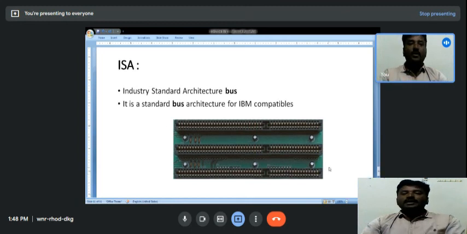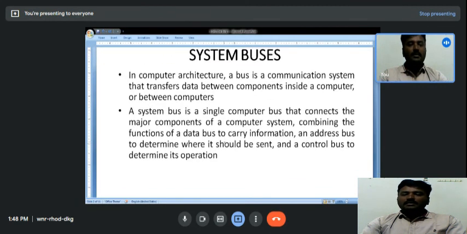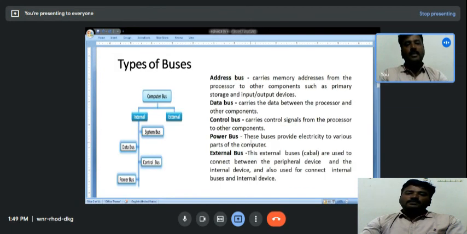A quick review: buses are used for communication, which may be data transfer, address transfer, control signal transfer, or power supply also. There are different types of buses such as internal bus and external bus.